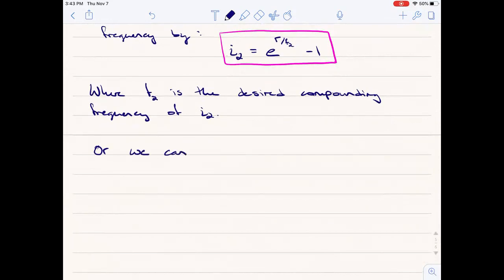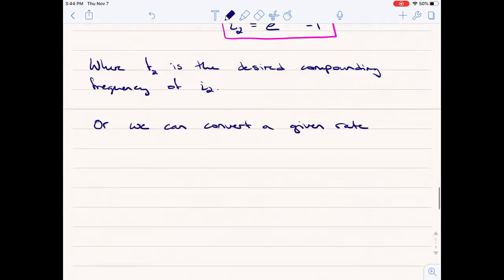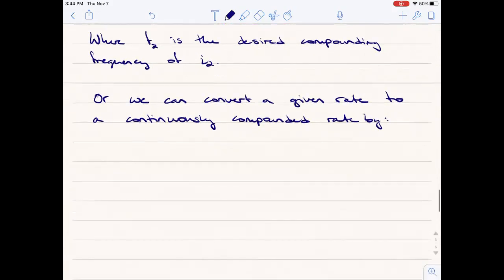Or we can convert a given rate to a continuously compounded rate by the formula R is F1, the initial frequency that we're moving from, times the natural log.